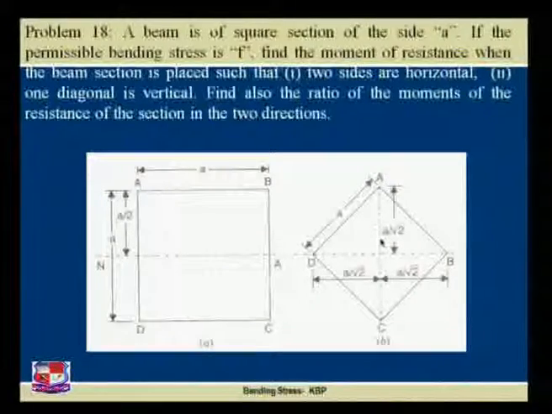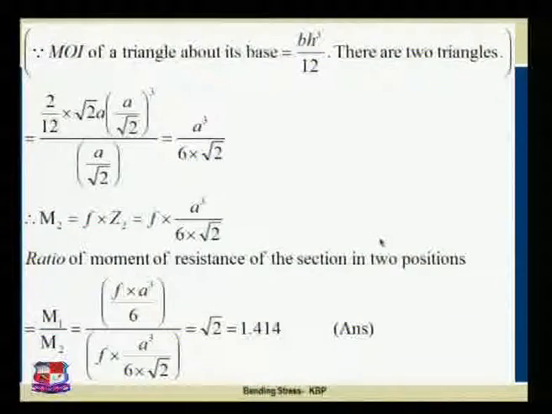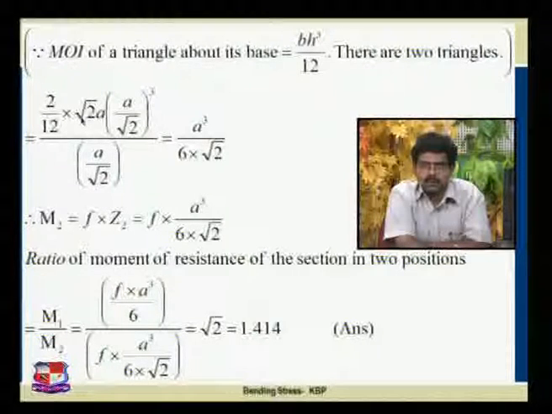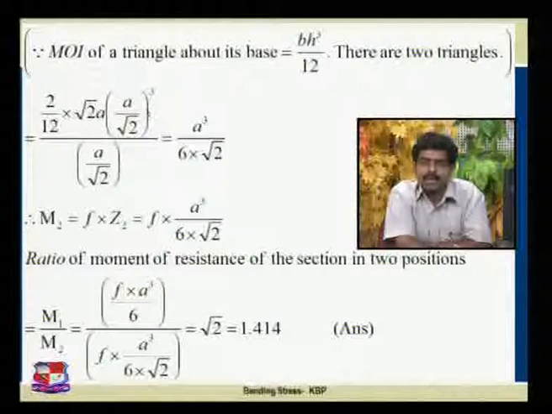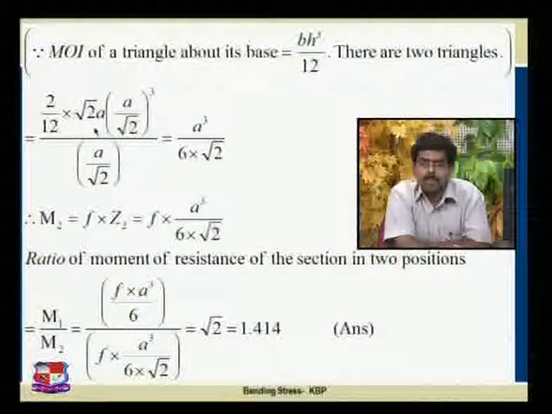The moment of inertia of a triangle about its base is BH cube by 12. There are two triangles. So the value of Z is equal to 2 by 12 into root 2 A, into A by root 2 cube, that is BH cube, by Y max.